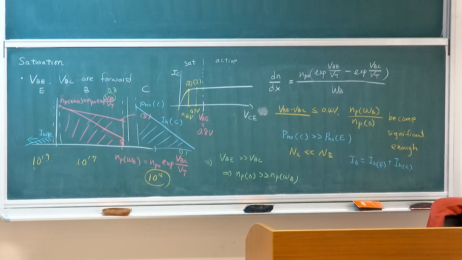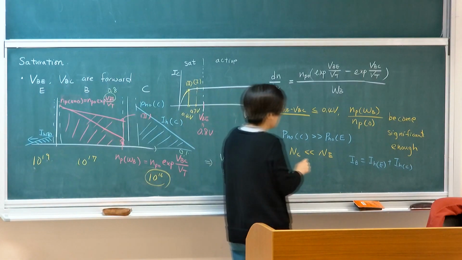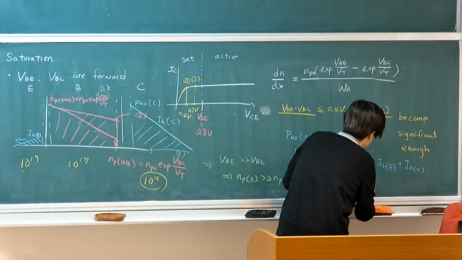And this will be much, much larger because we didn't suppress it with a heavily doped structure. Okay? So you will see a lot of minority carriers coming in, and you have to supply both sides. So your base current would increase significantly during saturation.